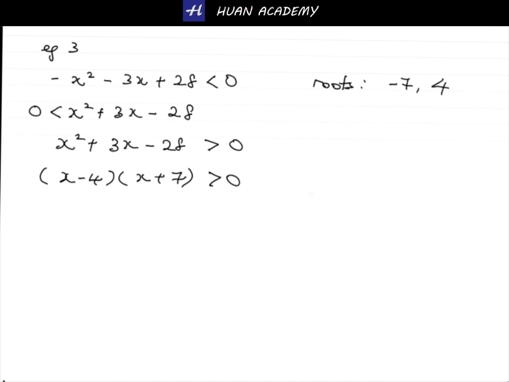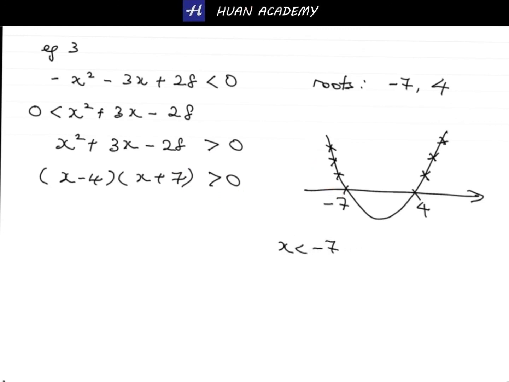As usual, you put these two roots on the x-axis, and since now a is positive, it is a U shape. I hope you can imagine the zones now. In order for it to be positive, we choose zone 1 and zone 3.